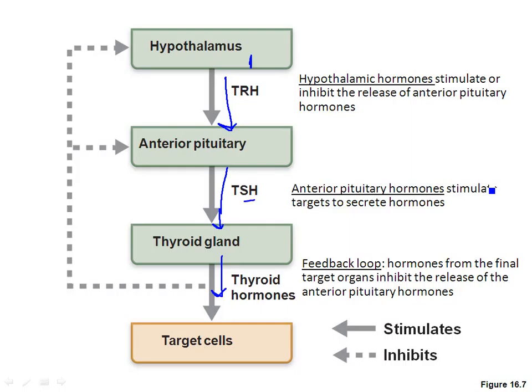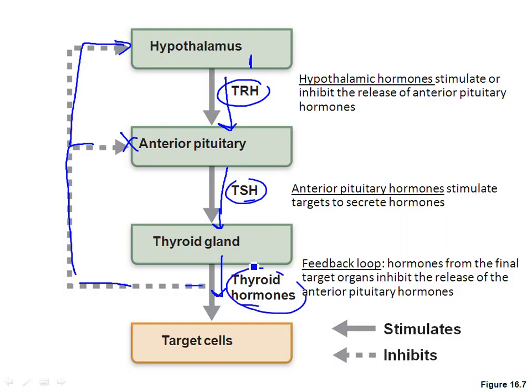Now hopefully you remember back about negative feedback loops. When you have enough thyroid hormone out in the system, that's going to feed back to the anterior pituitary and say, we don't need any more, and to the hypothalamus saying, don't send any more TRH, that way we won't get any more TSH, there'll be no more thyroid hormone. So it's just a feedback loop.